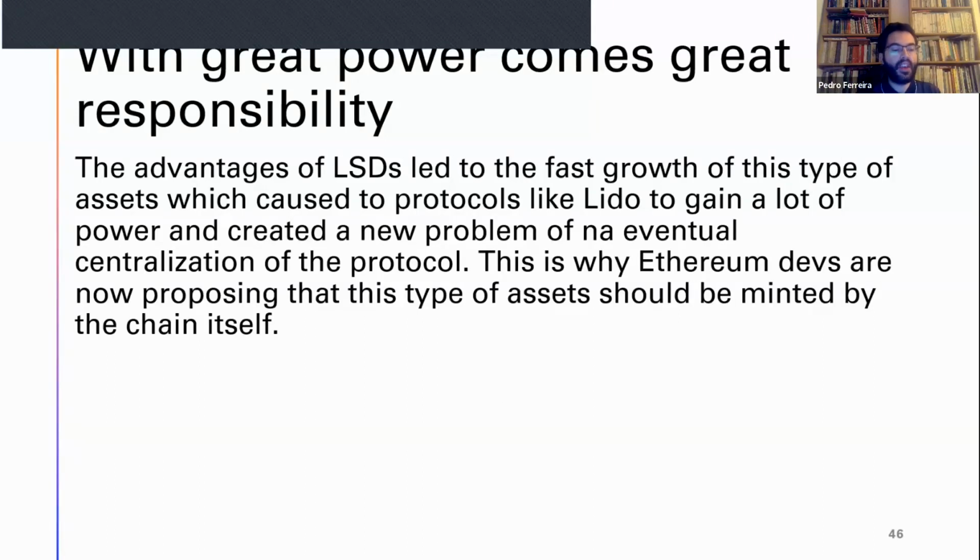By centralizing Ethereum in these platforms, depositing Ethereum in protocols like Lido, Rocket Pool and others, those platforms became large holders of Ethereum. In decentralization terms, it's not good when one entity has 30% of all the Ethereum available in its possession.